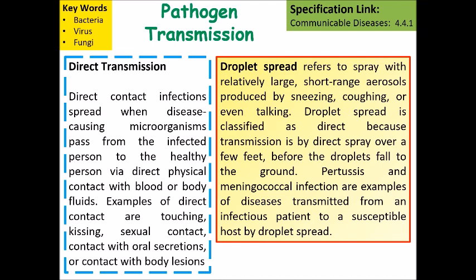The host can then get the droplets onto the hands, and quite often they will touch, for instance, places on the face, which will enable the pathogen to enter the body.